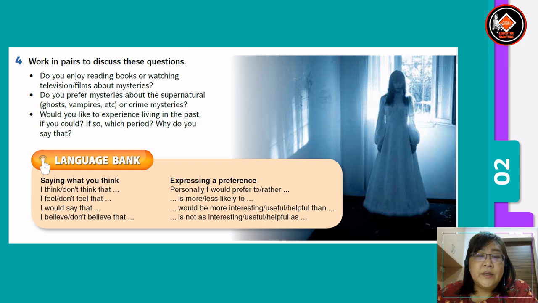You can write or you can say, personally, I would prefer to, or personally, I would rather. Next, we have is more likely to, is less likely to, would be more interesting, would be more useful, would be more helpful than. Then the last one is not as interesting as or is not as useful, helpful as.